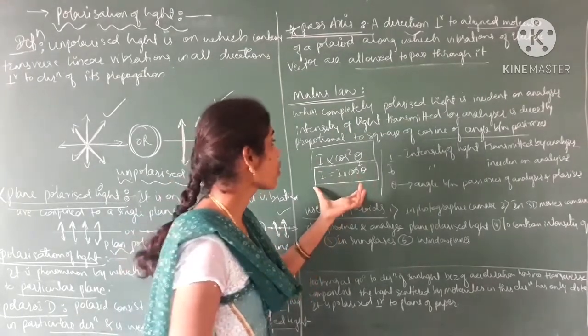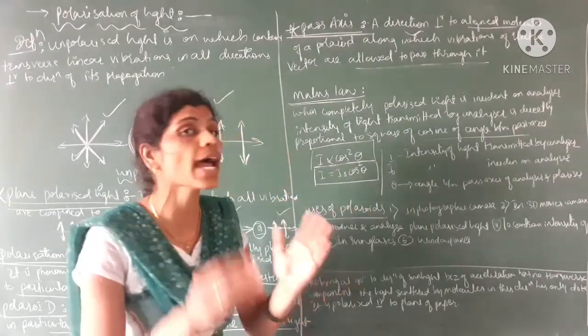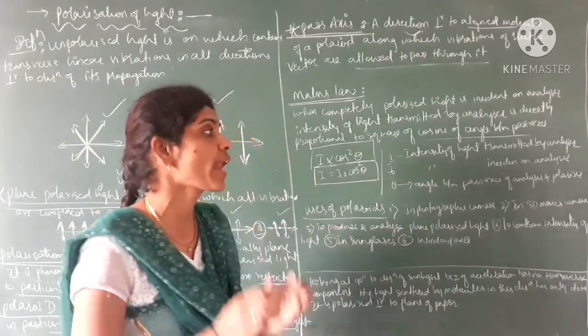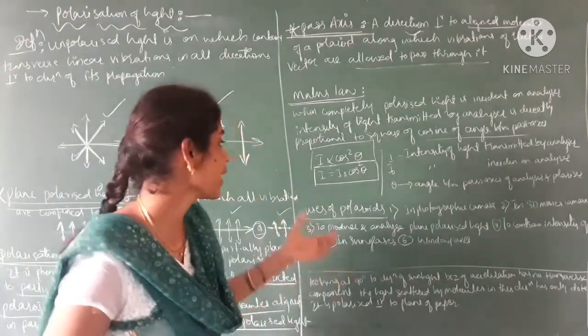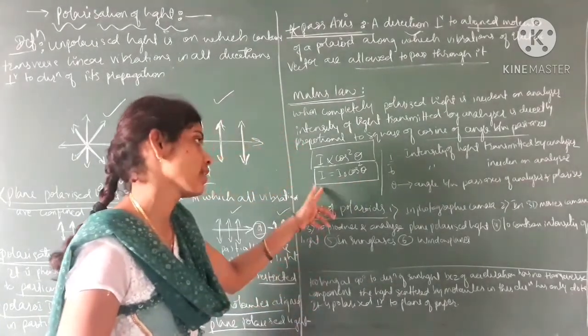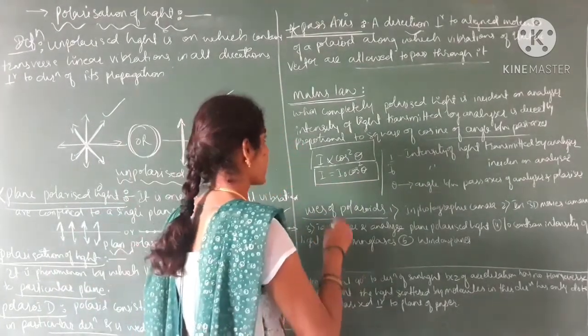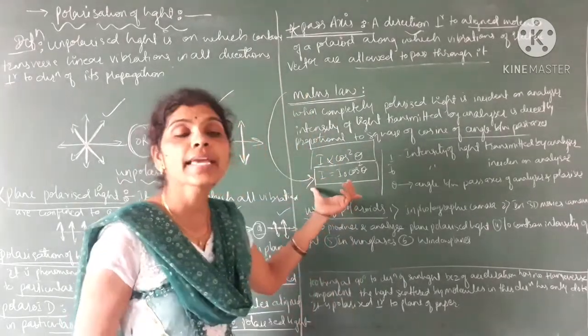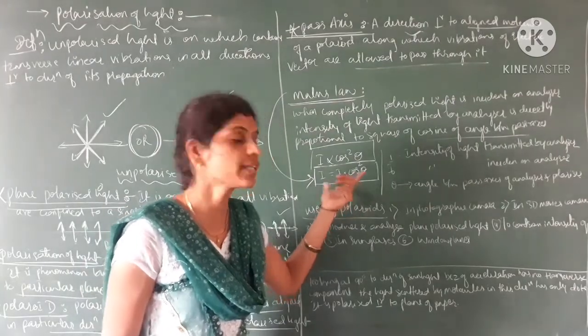From this formula, I is the intensity of the light transmitted by the analyzer, I naught is the intensity of light incident on the analyzer, and theta is the angle between the pass axes of the analyzer and the polarizer. Malus law is mathematically represented by I is equal to I naught cos square theta.